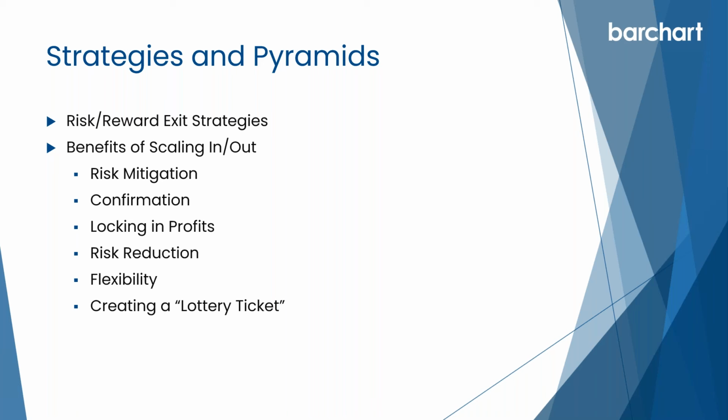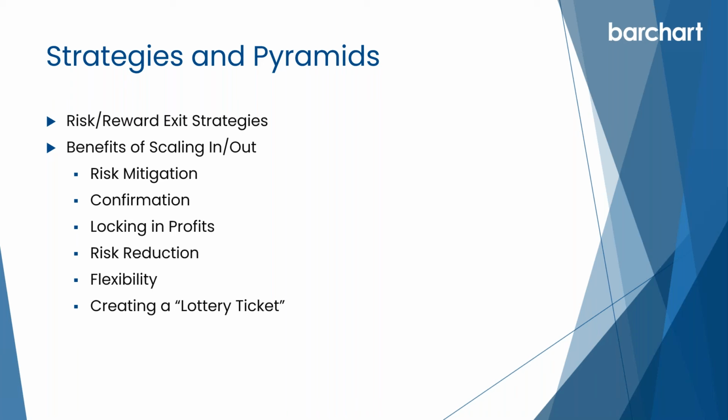Now, locking in profits, reducing risk, and flexibility of scaling out are the benefits. So, for instance, as price rewards me, as price gets to those greater risk reward levels, then I could use strategies to help me lock in profits. I can take some profits that help reduce the risk of the initial trade.